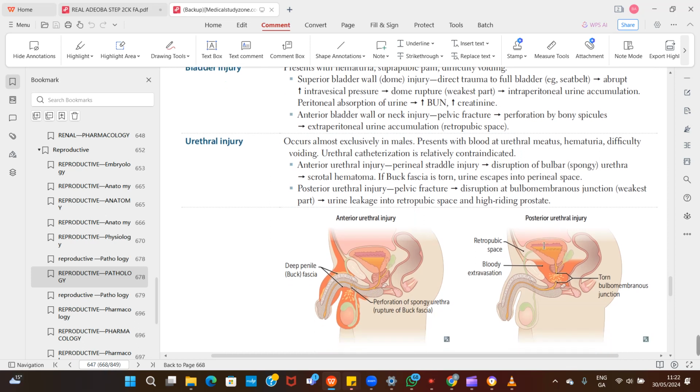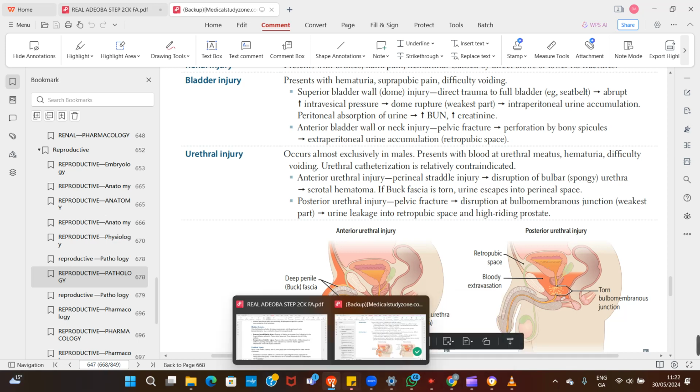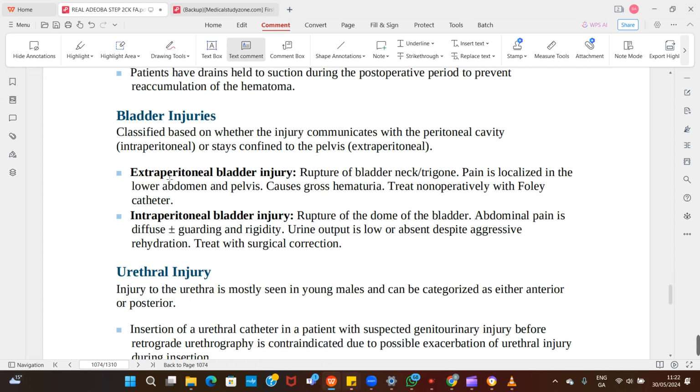So if you have injury to the upper part here, that's the superior bladder injury or the dome injury. That's the weakest part of the bladder. Or if you have any injury to anything beneath here, like the anterior wall or the trigone of the bladder, that is the extraperitoneal injury, right? So for the extraperitoneal injury, it means that there's an injury to the trigone or the bladder neck.